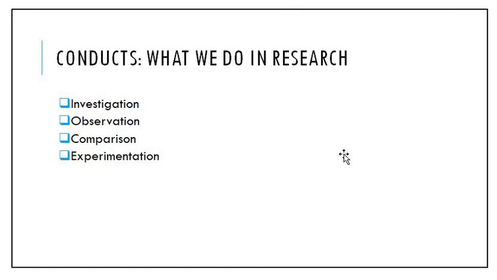Experimentations are some of the procedures or the steps which are required during the process of investigation or finding out things. During the process of comparison, we do carry out certain kinds of experiments.